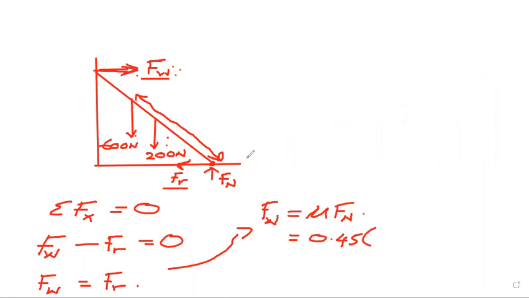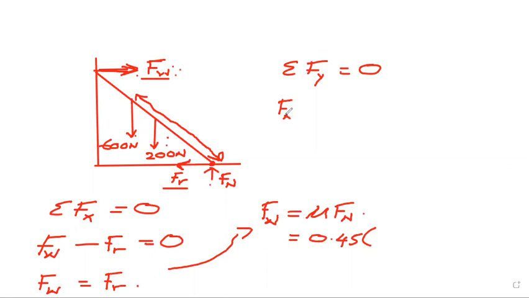Now, the forces along the Y should also equal 0. So along the Y, we have this normal force exerted by the ground. It is pushing up, therefore it will carry a positive sign.